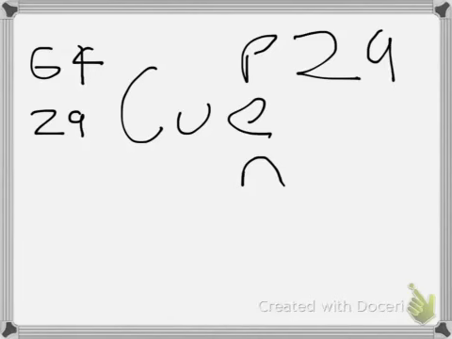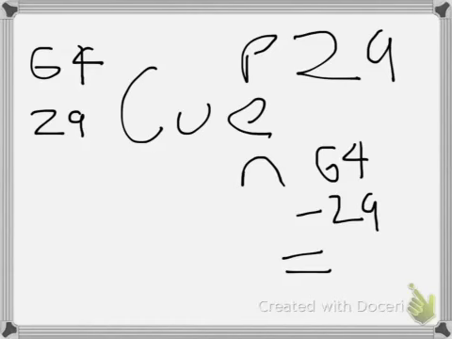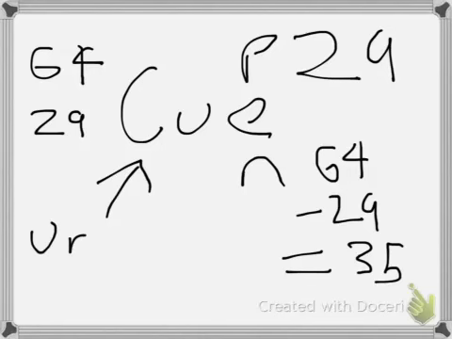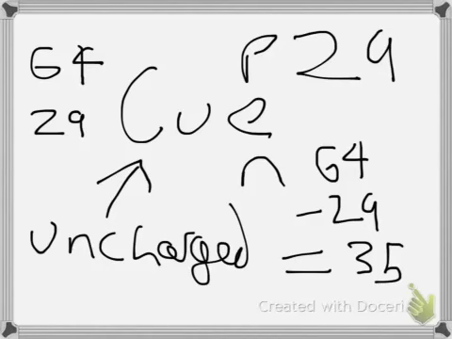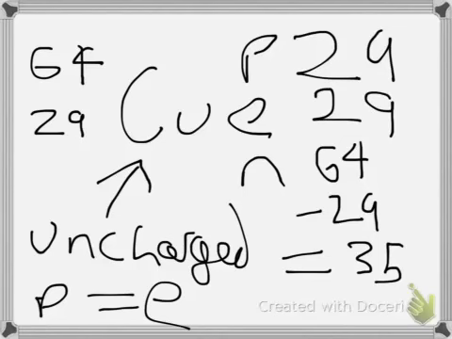My number of neutrons is the mass number minus the proton number, so 64 minus 29, which is equal to 35. And because this species is uncharged, the number of protons is equal to the number of electrons, so I've also got 29 electrons. So in a copper atom we have the same number of protons as electrons, giving it zero charge overall.